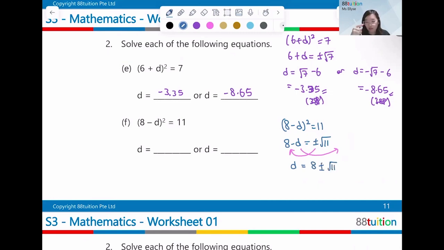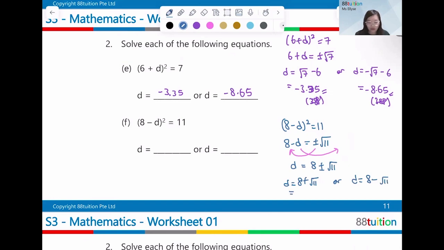So it's the same thing. I'm just bringing the number over to one side, the algebra over to the other side. Then I'll have this d as 8 plus square root 11 or 8 minus square root 11.